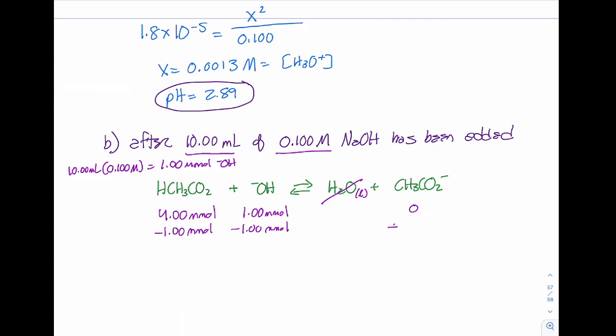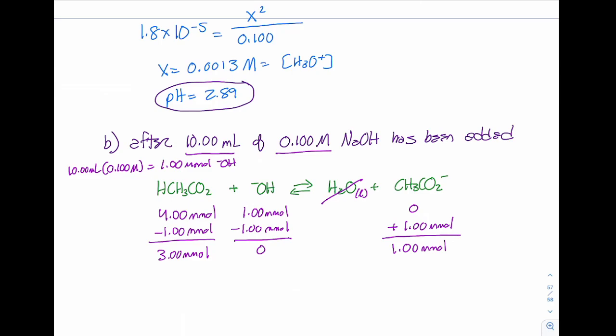And then I'm going to add it to this other side. So I have 3 millimoles of excess weak acid, right? I still have weak acid present. My strong base has all been neutralized. That goes to 0. And then I also have 1 millimole of my acetate ions.